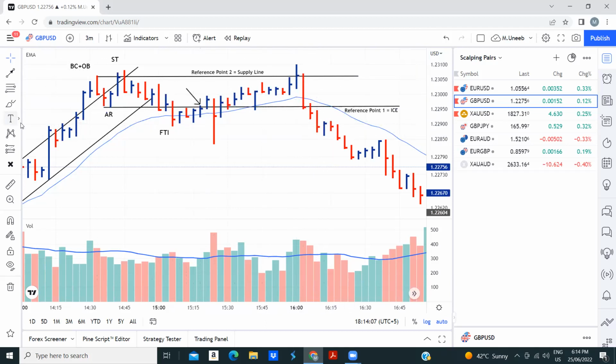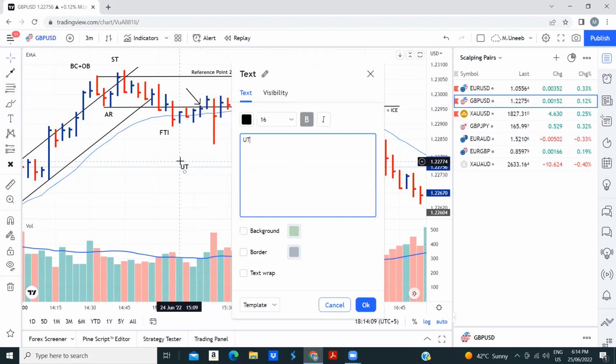So we either enter on UT or UTAD, or FTI.